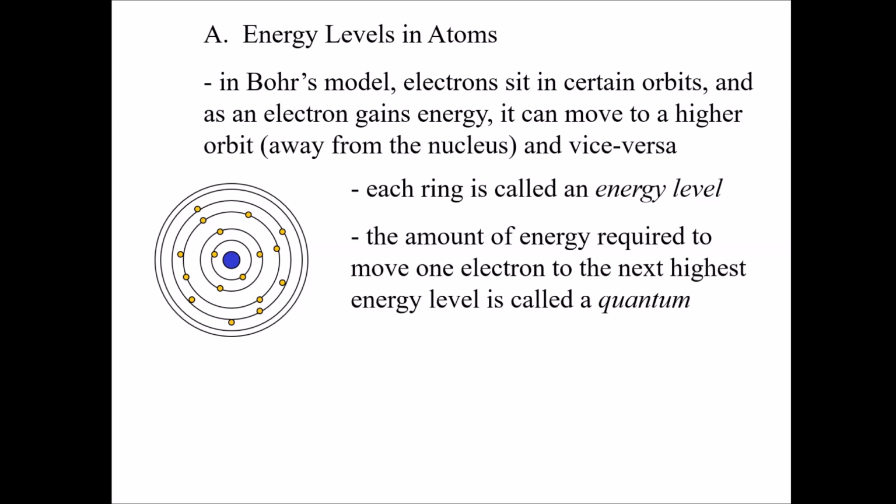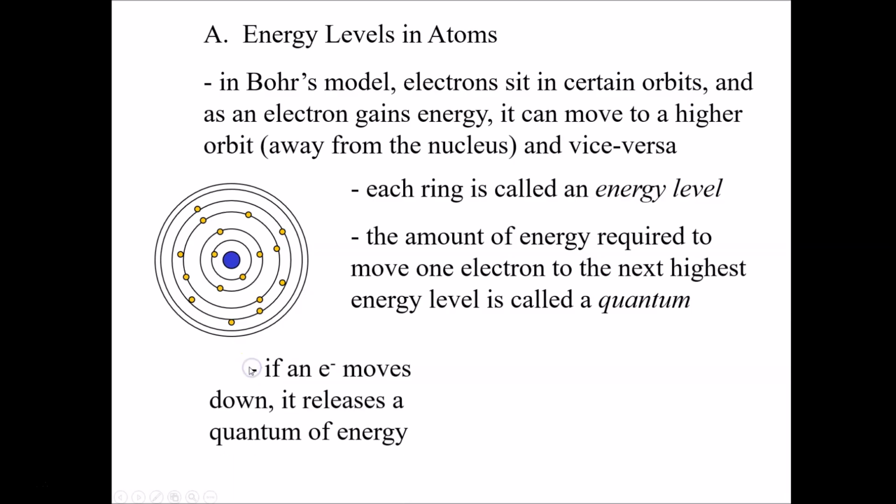Okay? The certain amount depends, but is always a certain amount. It's always an exact amount of energy. And so we have these quanta of energy that would go into an electron and would cause it to jump up to a higher energy level. If the electron moves down to a lower energy level, it would then release that quantum of energy.